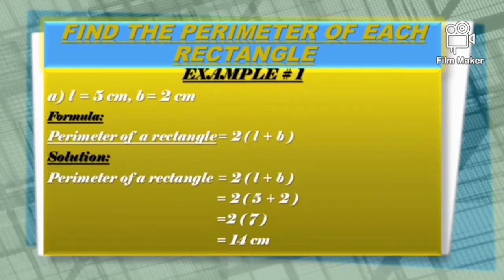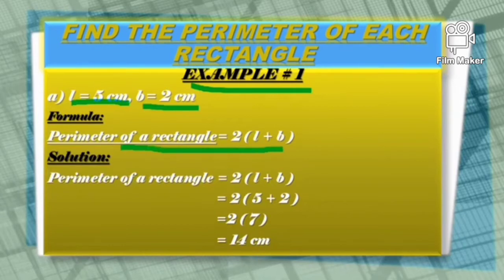In example number 1, length is 5 centimeter and breadth is 2 centimeter. Now write the formula. Perimeter of a rectangle is equal to 2(L plus B). Now put the values of length and breadth in the formula. The value of L is 5 and B is 2.